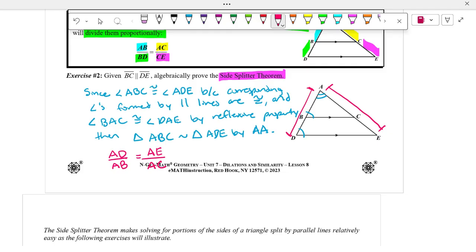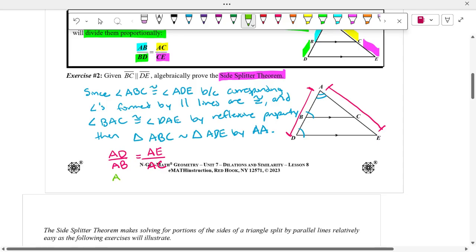Now I can break apart each of these fractions. In other words, I can rewrite AB in terms of AD, and the same thing with AC, I can rewrite in terms of AE.